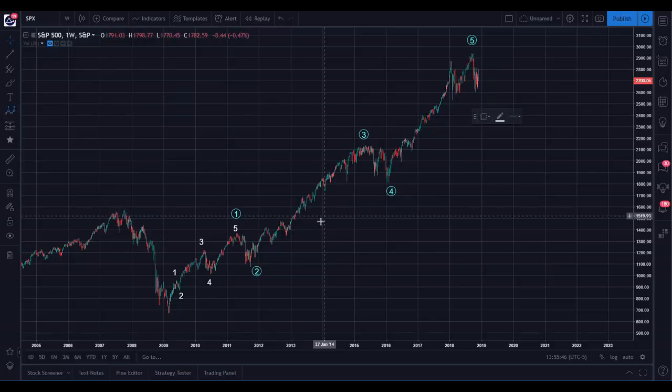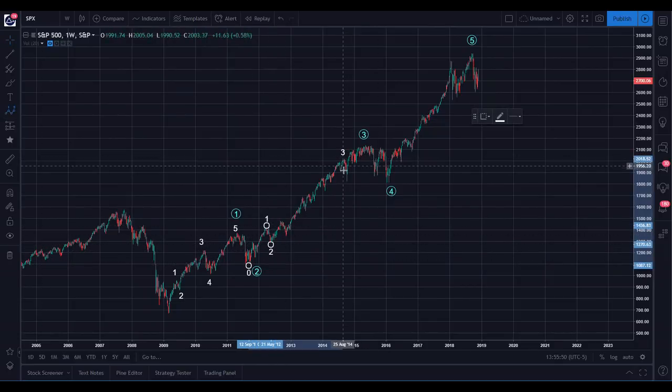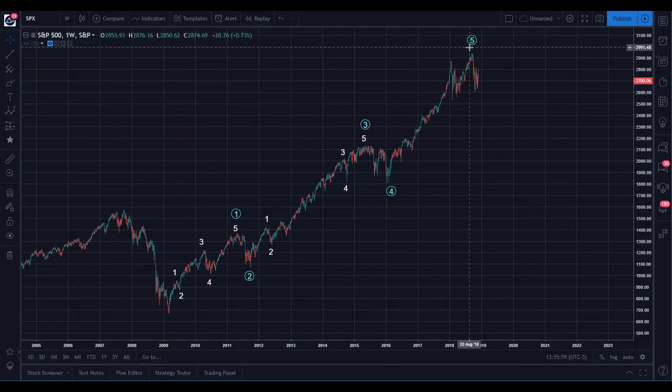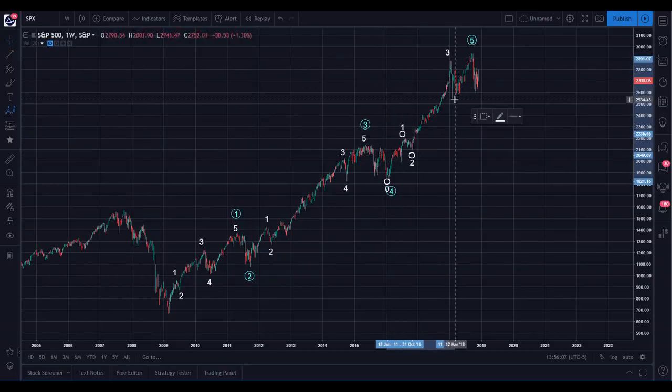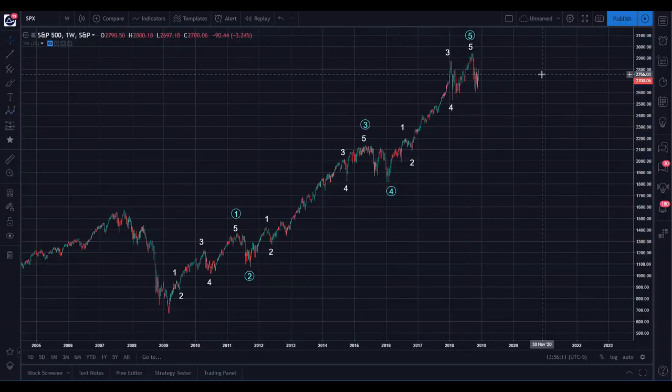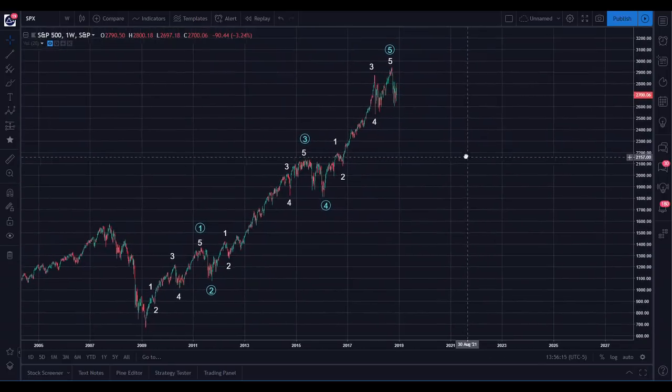For 3, we can say there are 1, 2, 3, 4, and 5. Okay? And for this wave, blue wave 5, we can count it as 1, 2, 3, 4, and 5. It's pretty interesting how it all fits and falls in place and jives very well together.